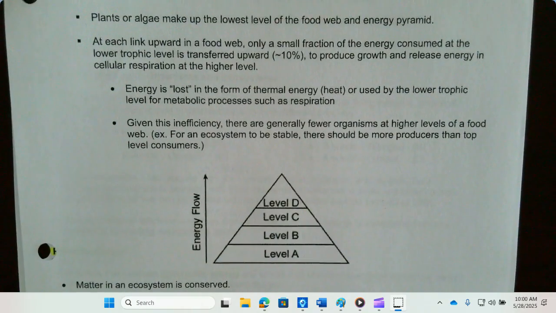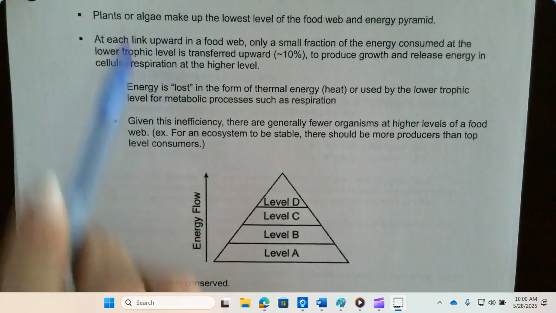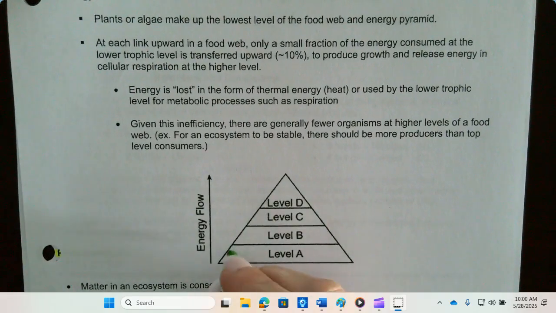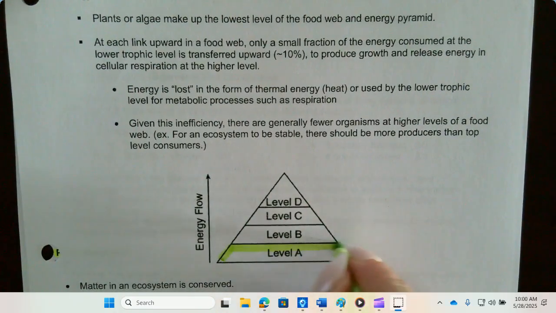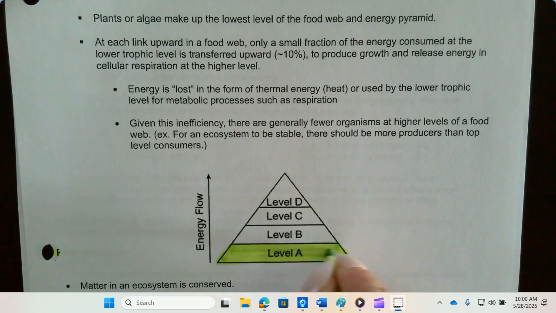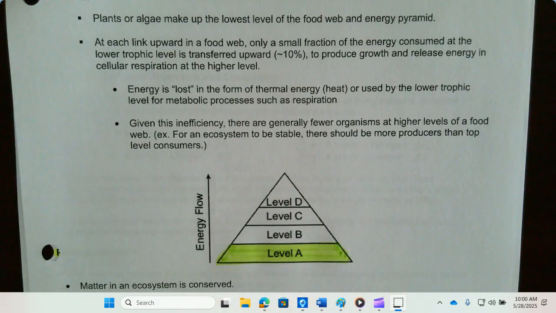So here we have our model. Most of what's important on the model is here, but I'm going to annotate this and mark it up. Again, if you see a question like this, I really do suggest that you do that. On this bottom level, and every time I've done this in class, I always highlight it in green. That's to keep us reminded, like, oh yeah, those are the producers, the plants, the algae, all of those things.